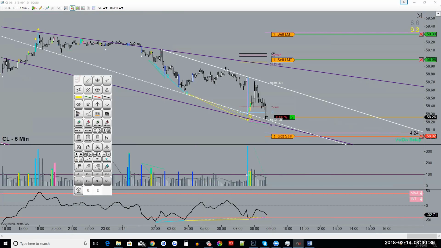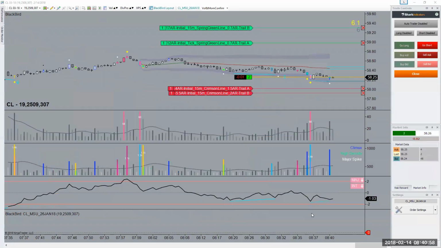Order pending. If this is going to fail, it's probably going to fail pretty quick. So you had a tiny little volume divergence here that's not going to show up, but it's a pretty big selling climax, extreme density selling climax right here.